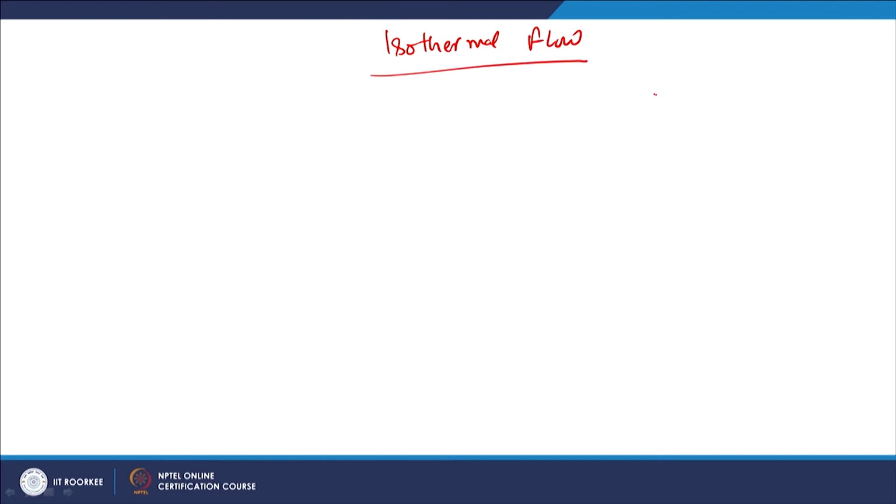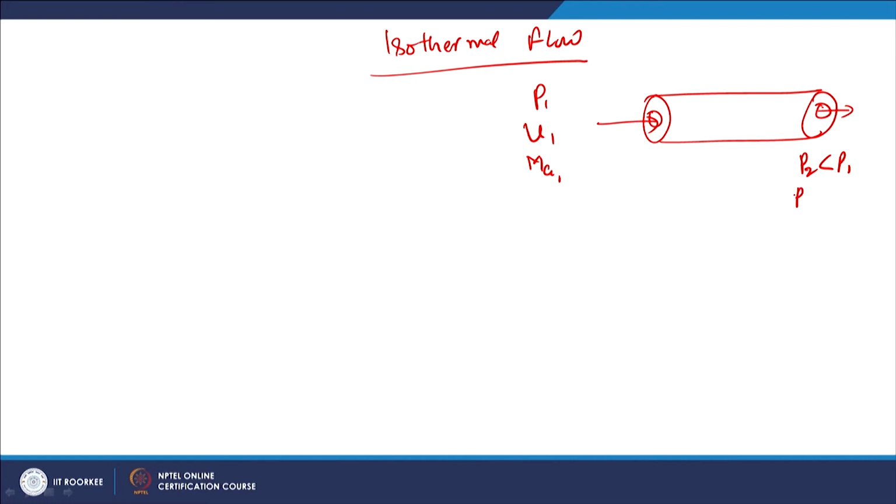Again, considering the figure of the pipe flow: P1, U1, Ma1, P2 is less than P1, P2 is greater than P choked, U2 is greater than U1, U2 is less than the sonic velocity, Ma1 or Ma2 is less than 1.